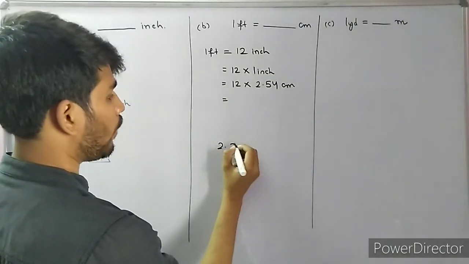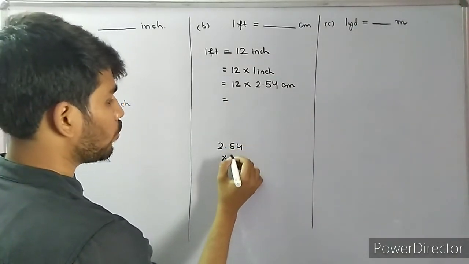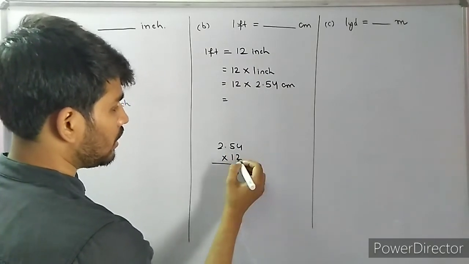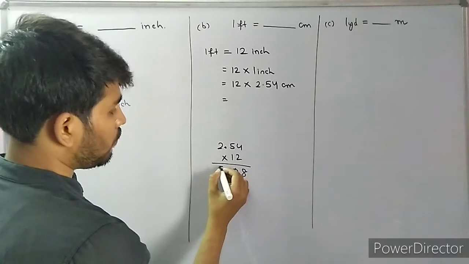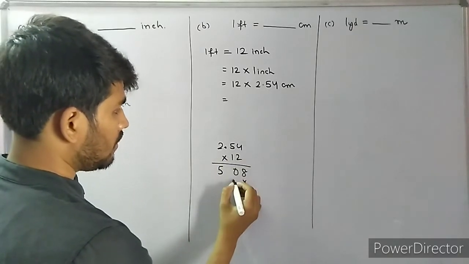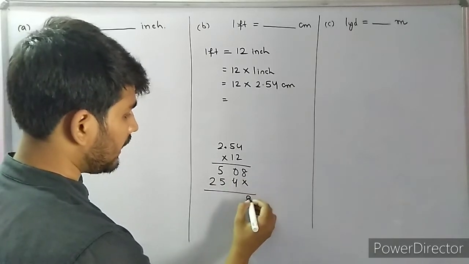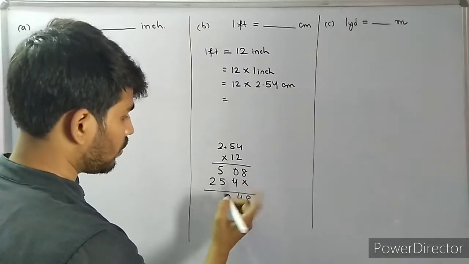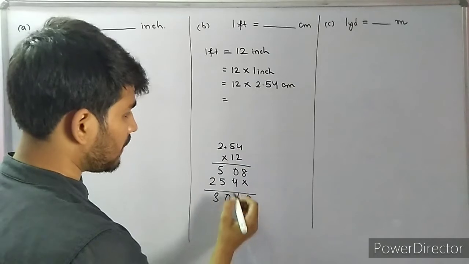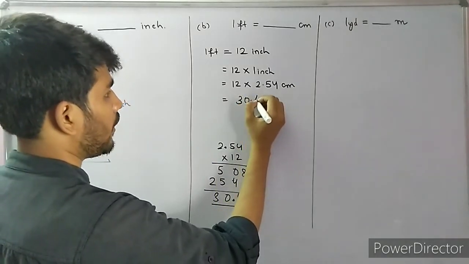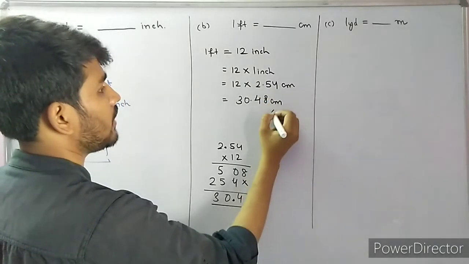How much is it? 2.54 into 12. 2 4s are 8, 2 5s are 10, carry 1, 2 1s are 2, 5. Then 4, 5, 2. Then you add it: 8, 4, 0, carry 1, 3. I have 2 decimal places. So 30.48 centimeter is the answer.